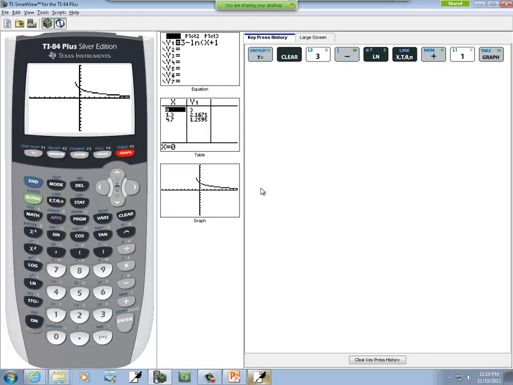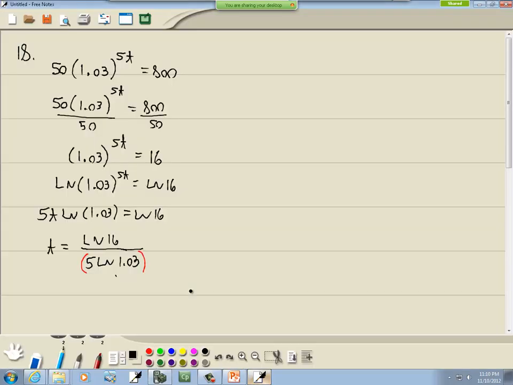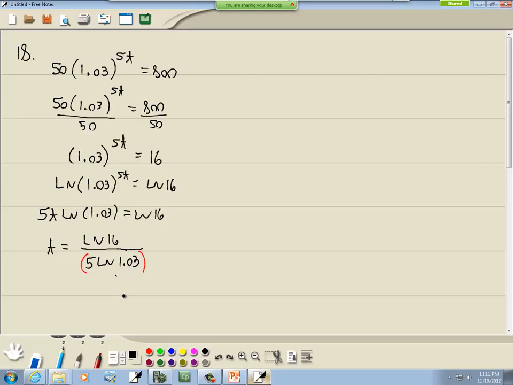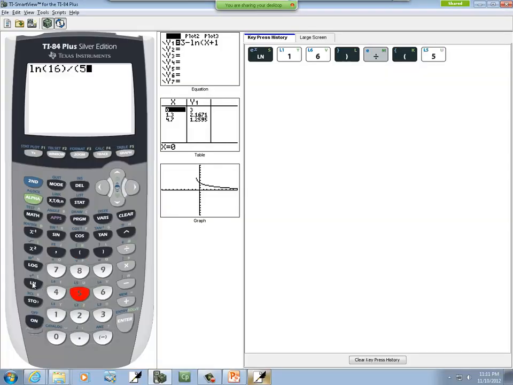And actually, let me show that. So we've got natural log of 16, and I'll put a closing parenthesis, divided by, and then a beginning parenthesis around the bottom: 5 natural log of 1.03.